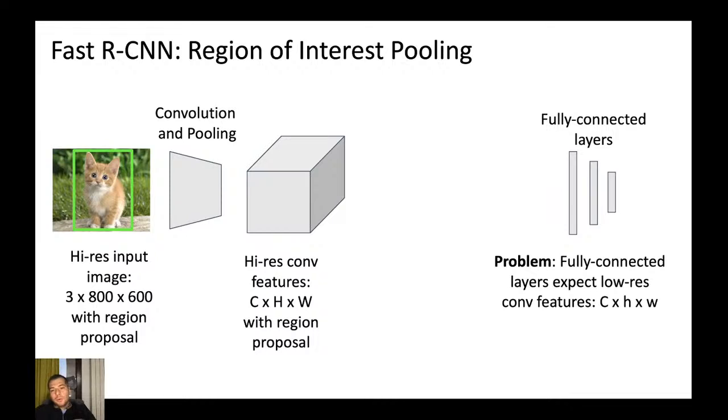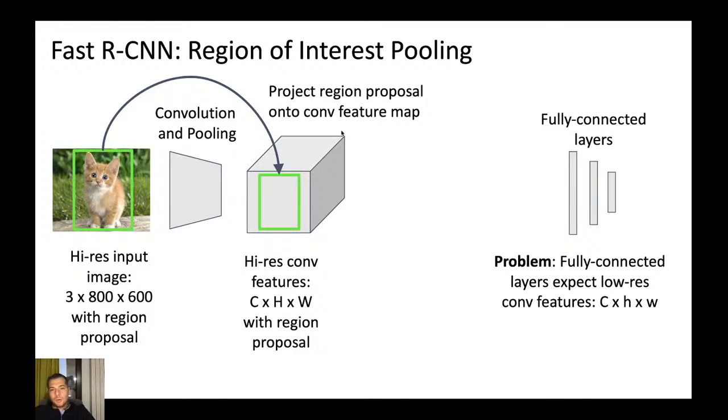Now the main novelty perhaps is this region of interest pooling layer. So how does this method work? Assuming that we have this input image and this object proposal, in order to obtain the fixed size features for the fully connected layers, once we project the region proposal on the activation maps, if the proposal is larger, we'll have more features.